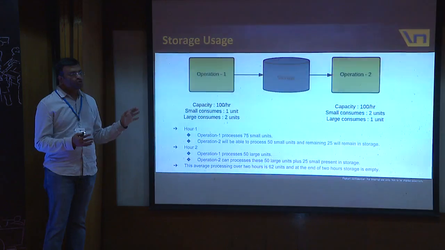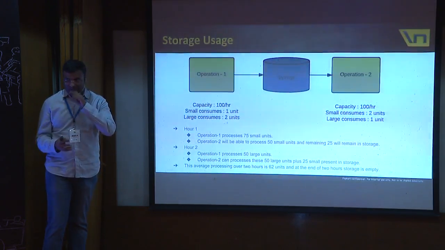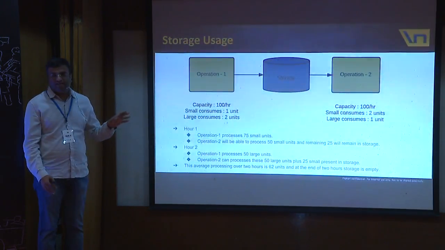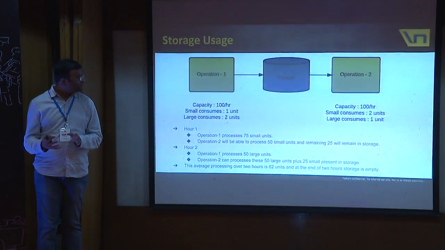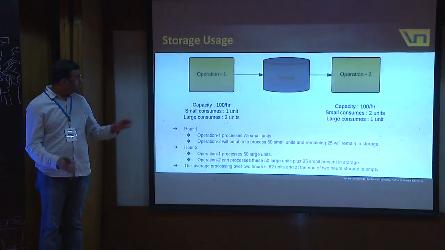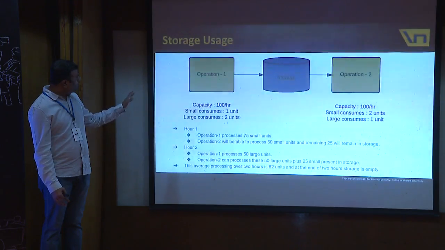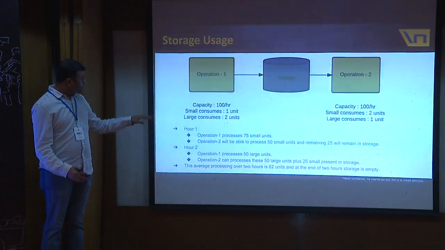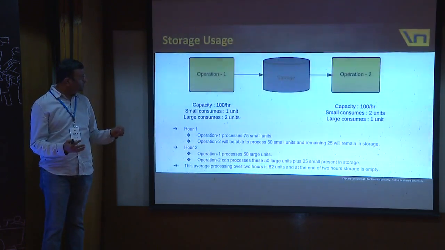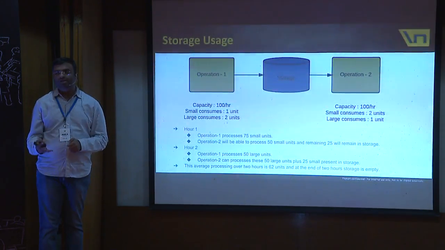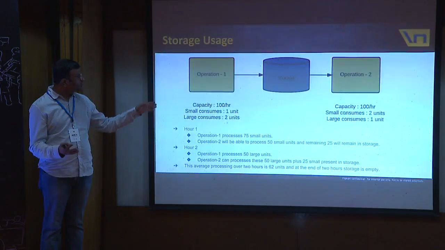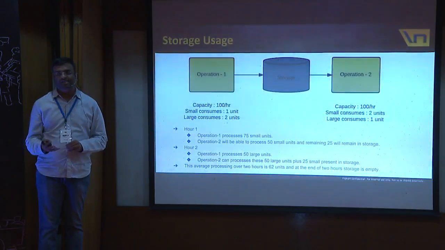So if you do not use storage well, at max we can process 50 shipments per hour, right? Because even if operation 1 processes 100 shipments, operation 2 can only process 50 because small here consumes 2 units of capacity, right?